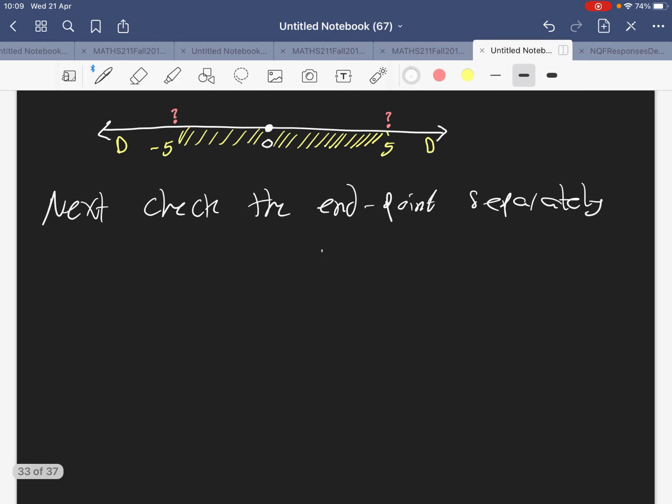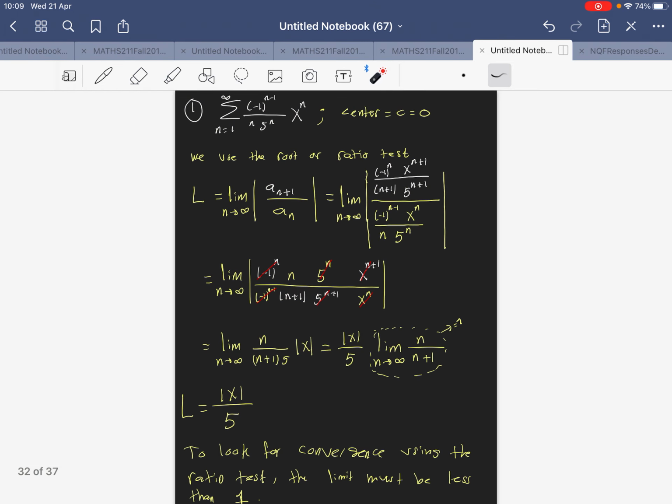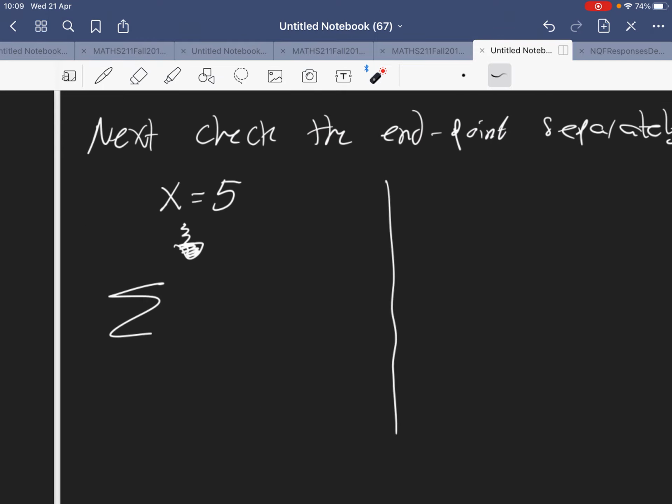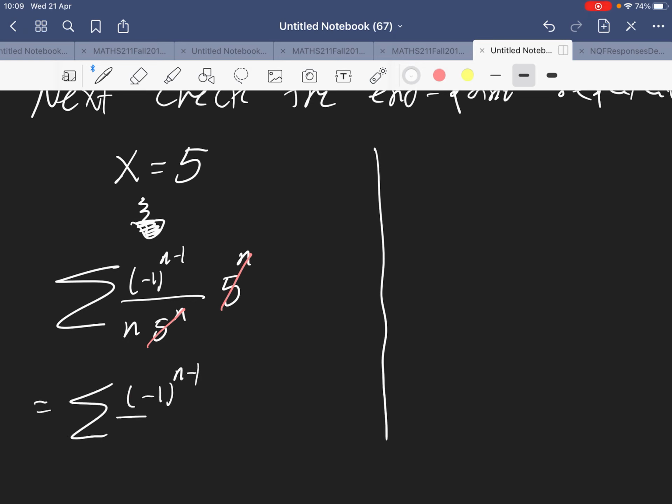Now, what do I mean by check the endpoints separately? If x equals 5, what will be the series, the original one? We have to go back and see our series, and we substitute 5 instead of x. So it will be (-1)^(n-1) over n, 5^n over 5^n. Now 5^n and 5^n will get cancelled. So what we will get is (-1)^(n-1) over n.